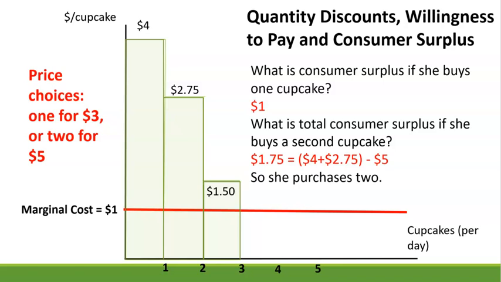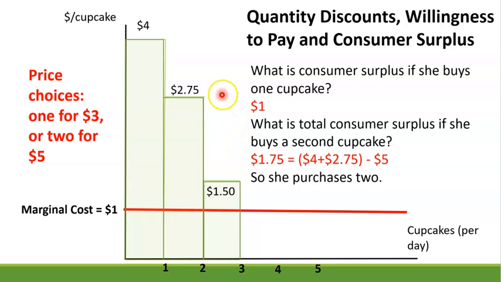So what the seller has done, instead of charging just a single price of $3 for a cupcake and selling just 1 cupcake, is offer a choice.